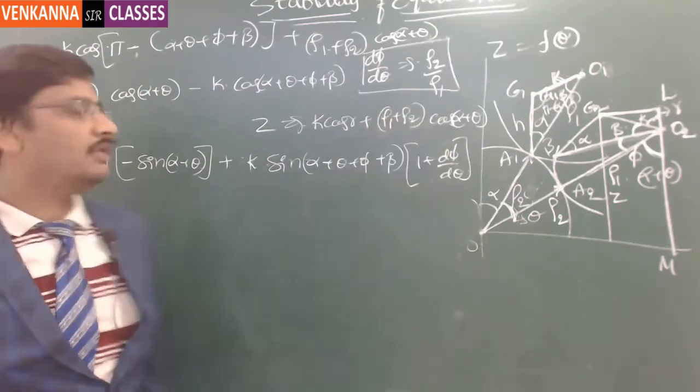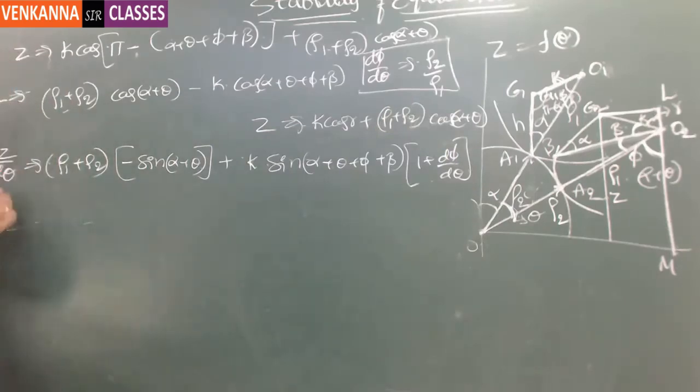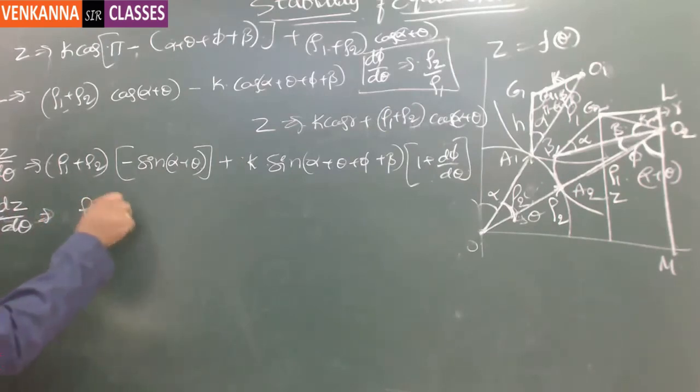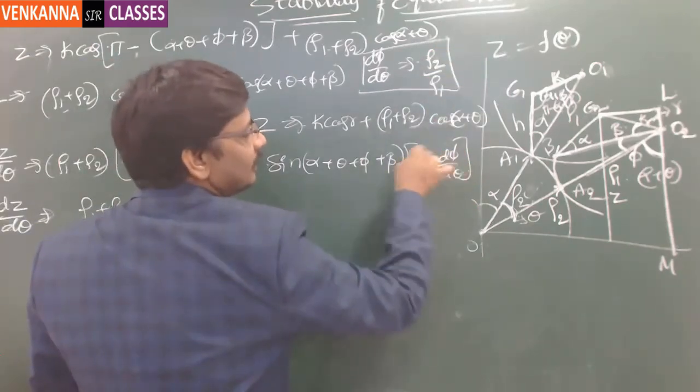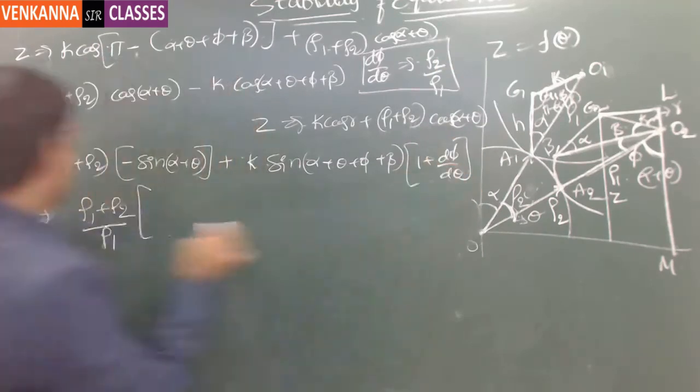Now if you simplify this, dz by d theta equals rho 1 plus rho 2 by rho 1, since d phi by d theta is rho 2 by rho 1. I have taken the LCM, rho 1 plus rho 2 divided by rho 1, I have taken out.